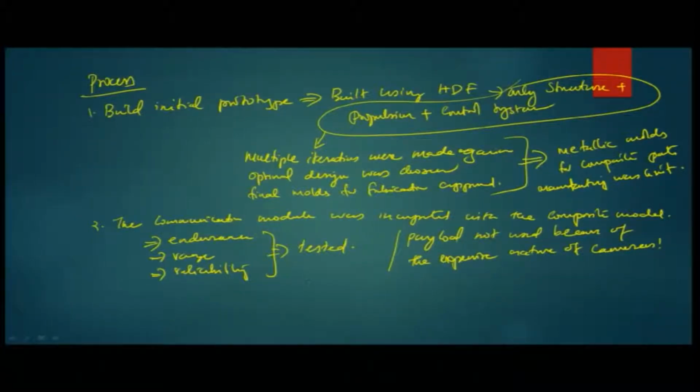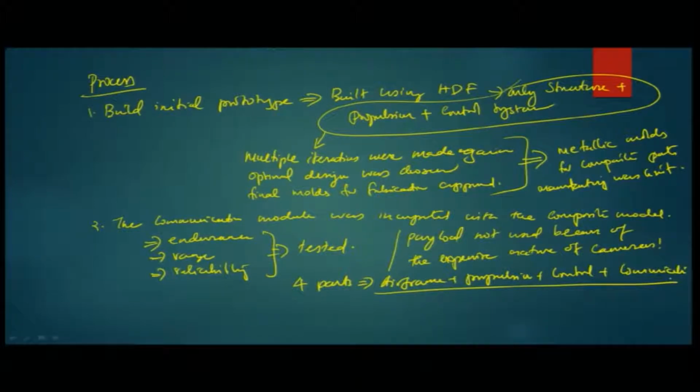So the payload was not part of this. So by the time this whole process was over, 4 parts: airframe plus propulsion plus control plus comms or communications. This was completely tested out, and we had quite a good confidence in the system.